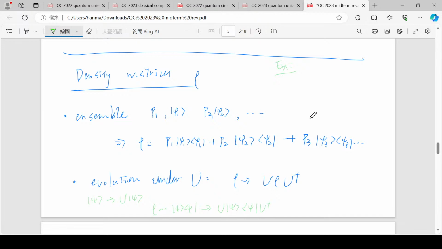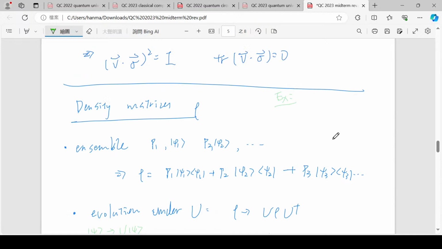So for some example, let's see, probably the one as before. We have probability 1 over 2 of getting the 0 state, and probability 1 over 2 of getting the plus state. Then rho will be 1 over 2 of the 0 projector plus 1 over 2 of the plus projector.